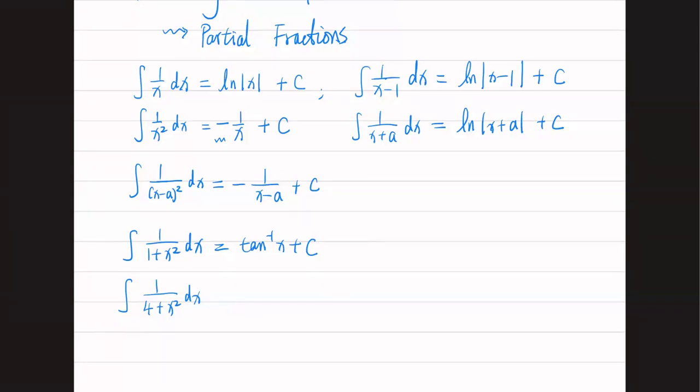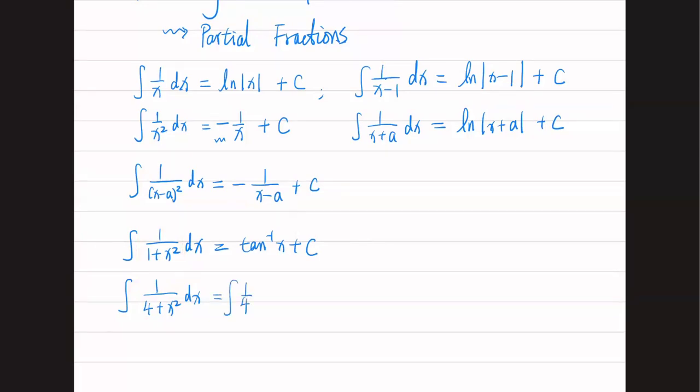The difference is that we want to make this 1. We have 4. What we do is pull out the factor 4. Okay, let's do this step by step. We want to move towards this direction, first making this 4 into 1.